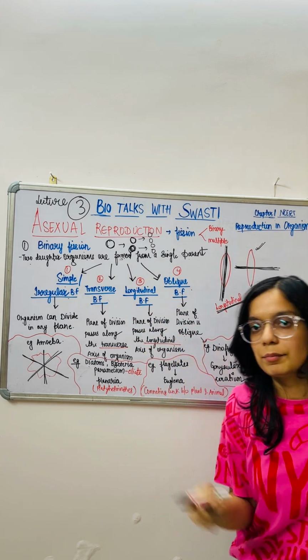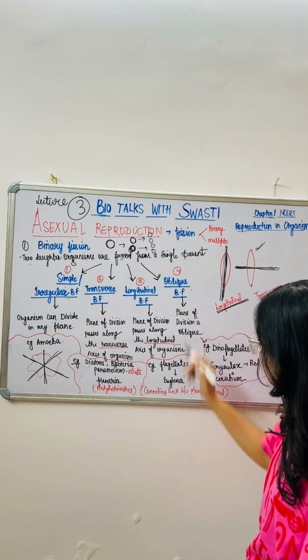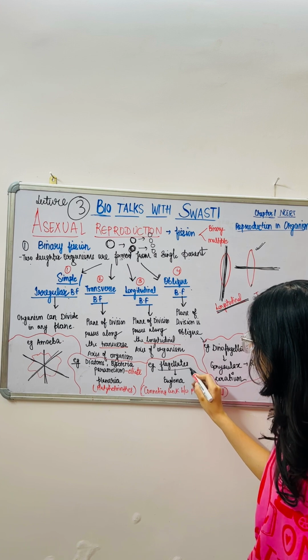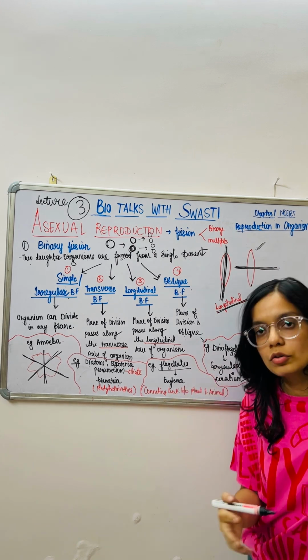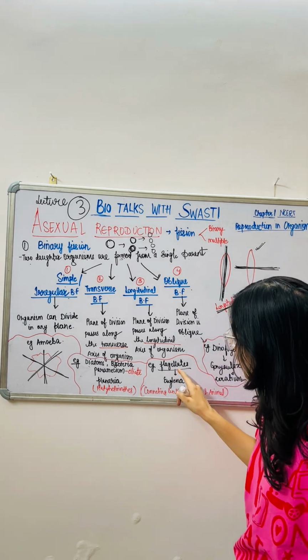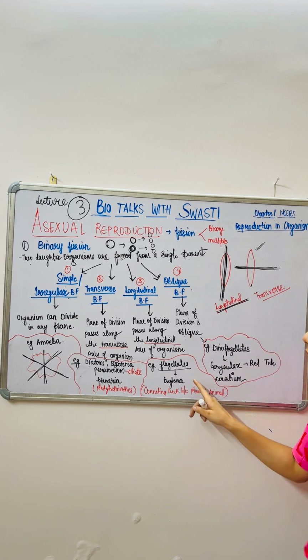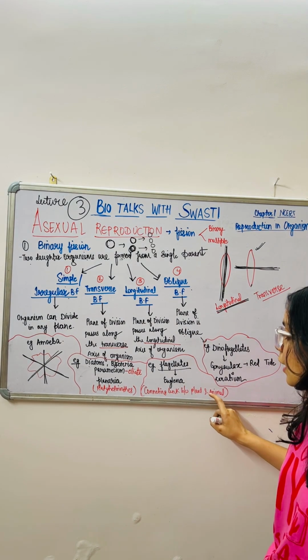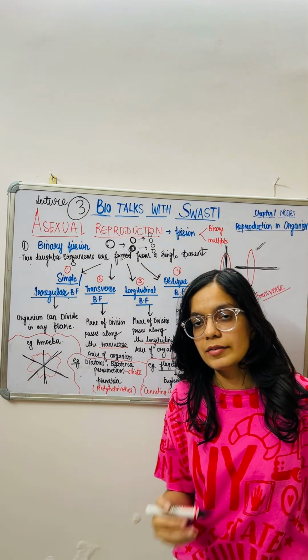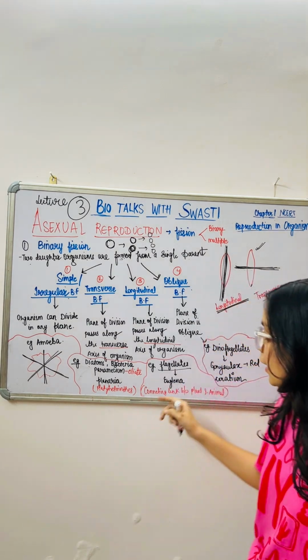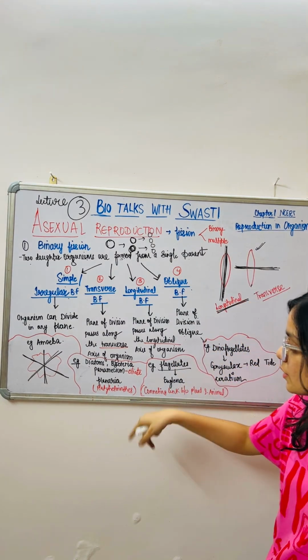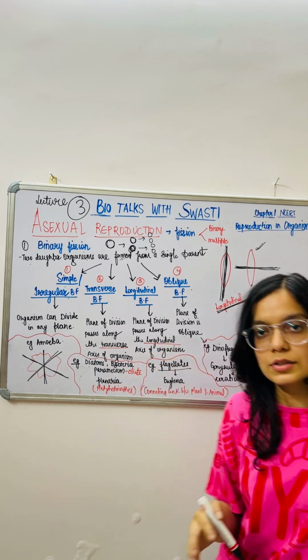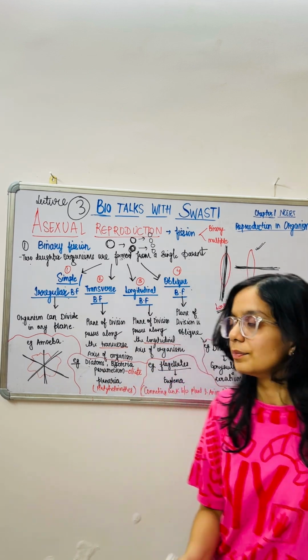So the example of longitudinal binary fission is flagellates. So there is one more category of protozoans, that is flagellates, in which euglena is the example. Euglena is a connecting link between plants and animals, and you must have studied this in 11th standard. I'm very sure that these flagellates, these paramecium, planaria, all this we studied in the animal kingdom.